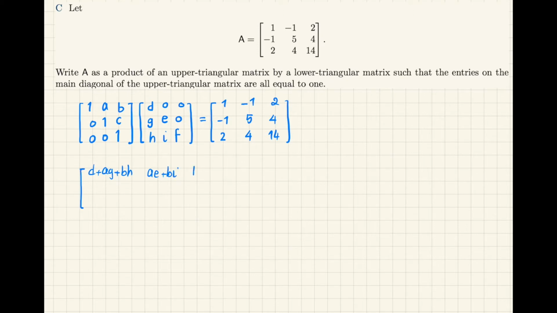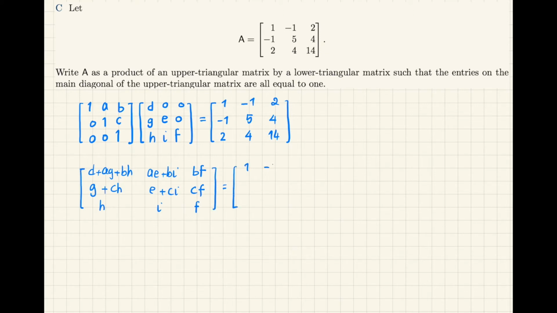So then the last one would be only BF. Then I go to the second row. The second row gives me G plus CH, and then E plus CI, and finally CF. And then the last row will give me H, I, and F. This is going to be equal to this matrix that you see here.